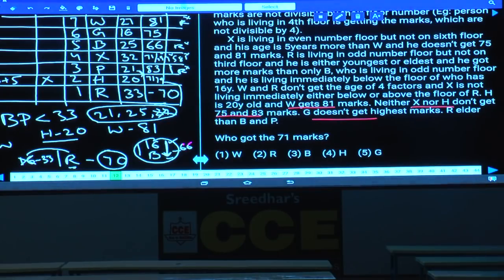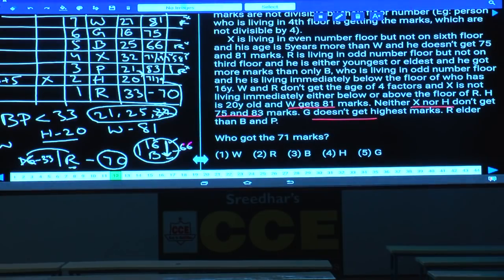And the marks got by these persons are 81, 75, 66, 71 or 79 by X, 83, again 71 or 79 by H, and finally R got 70 marks.